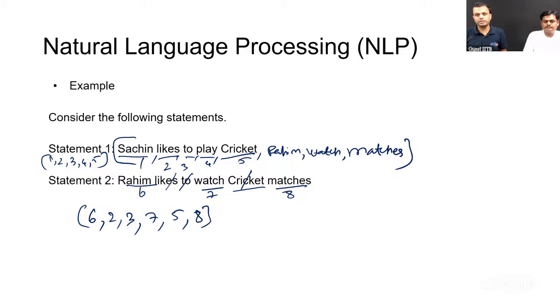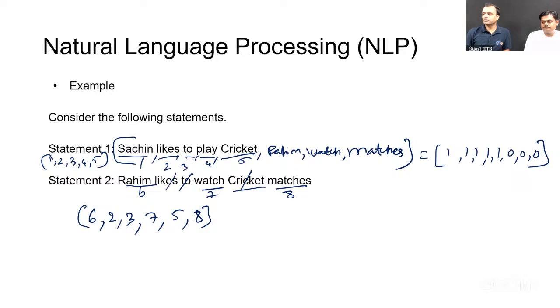There's also another way. One can be, I give a 1, 1, 1. If the vector size is 8, I put 0, 0, 0.